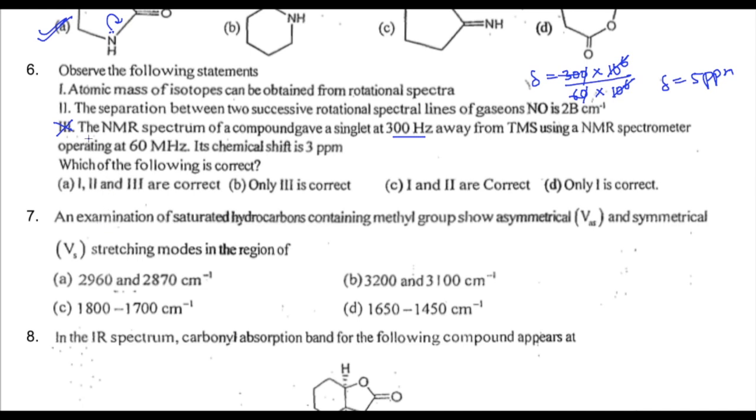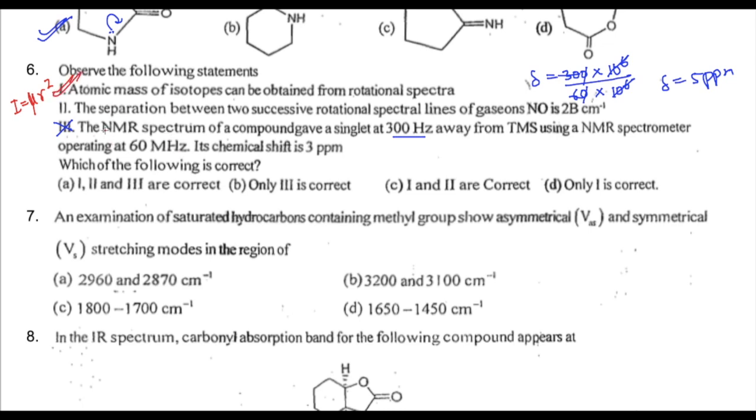Now you have to check the other two statements. The first says that atomic mass of the isotope can be obtained from rotational spectra. Yes, you can obtain that, because in rotational spectra you have the moment of inertia, and the moment of inertia depends upon the reduced mass, mu r square. With the change in mass, you can find the moment of inertia, and with that the rotational spectra is going to vary. So the first statement is correct.